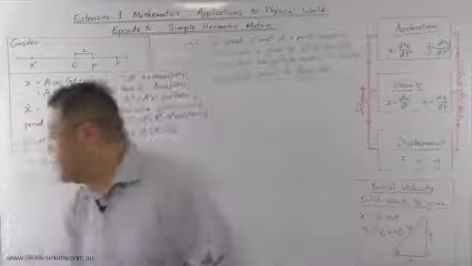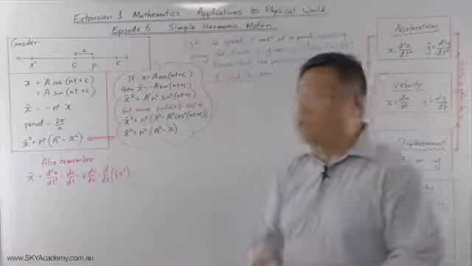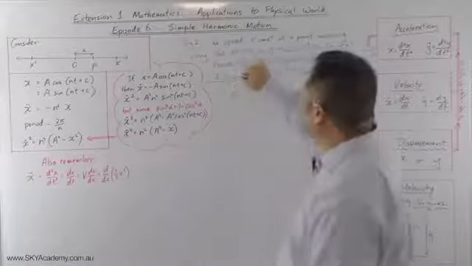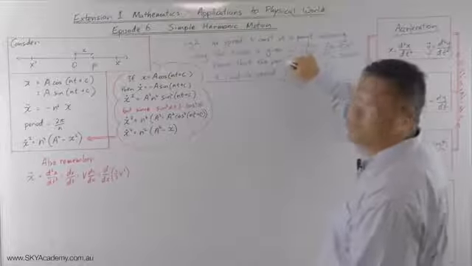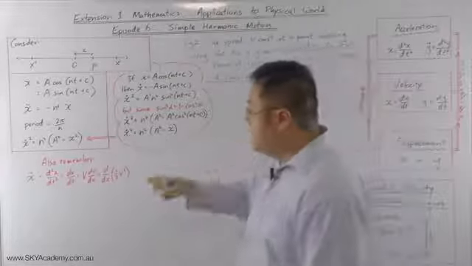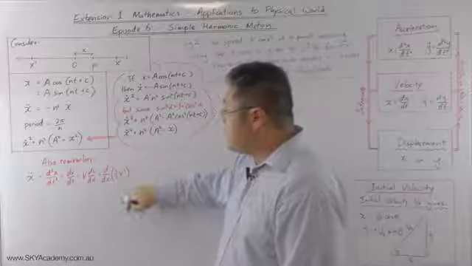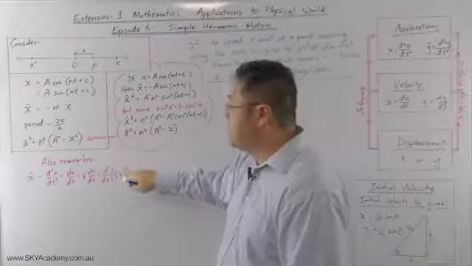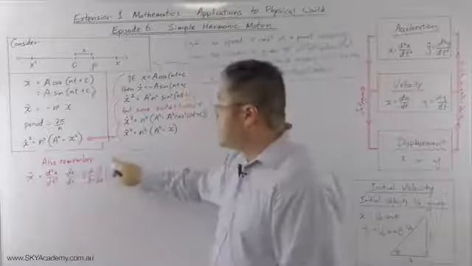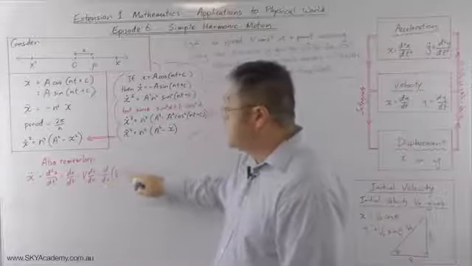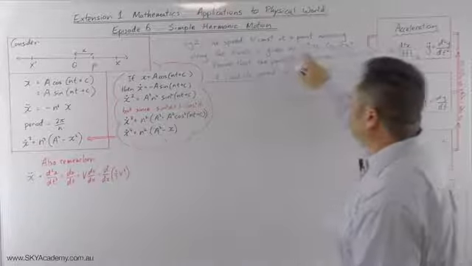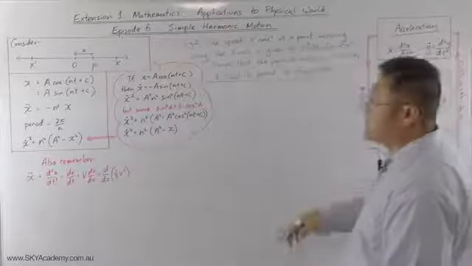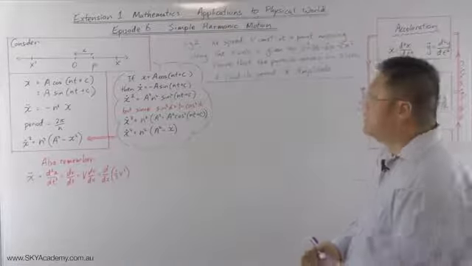What I want you to notice is that when you've got a v squared type function, where the subject is v squared, you can go to acceleration through this, which basically says we halve our v squared function and then we differentiate with respect to x, and that'll give us the acceleration. So let's do that.